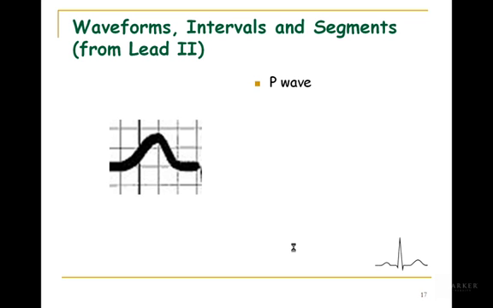It shouldn't take more than 0.11 seconds for the atrium to depolarize. If it's not upright, if you get notches in the P waves, if it's too wide, that may indicate problems with the atria, either conduction, maybe hypertrophy, things like that. Okay, so those are your normals for the P waves.